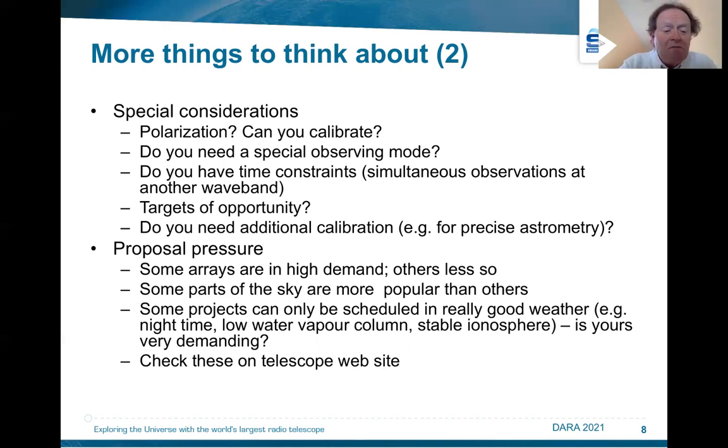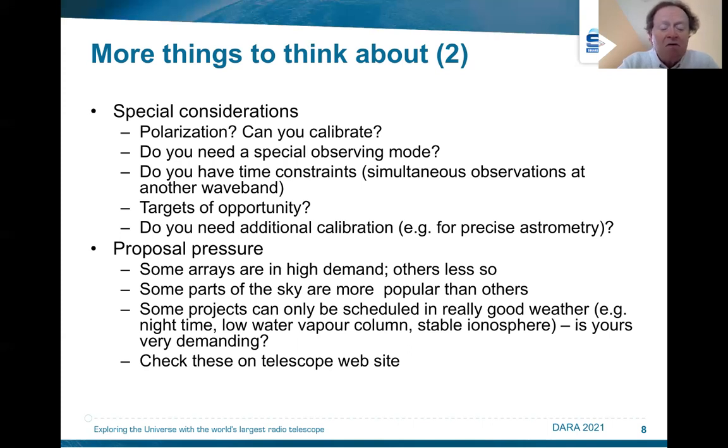And then finally, there's a set of less tangible things that it's worth thinking about when you put in your proposal. Of course, some arrays are in bigger demand than others. Sometimes you can get oversubscriptions of 10 to 1, and getting time is highly competitive. If you can do the observation with a less oversubscribed array, it sometimes helps to do so. But even within a single telescope proposal, you need to think about what targets to observe.